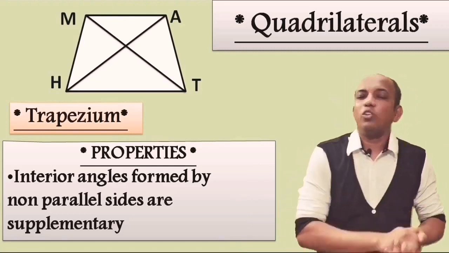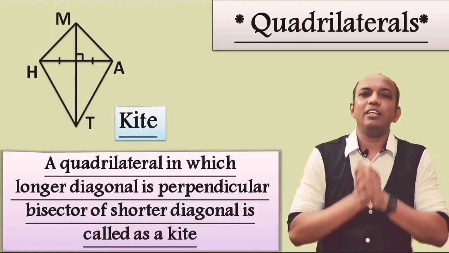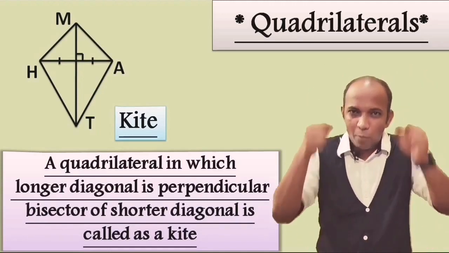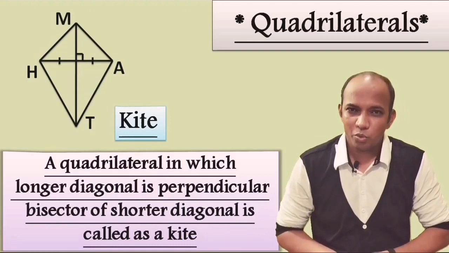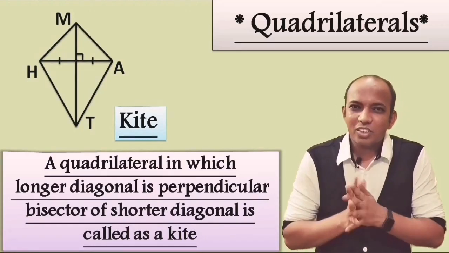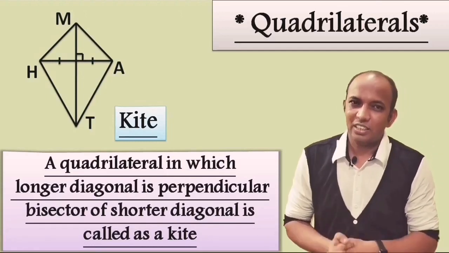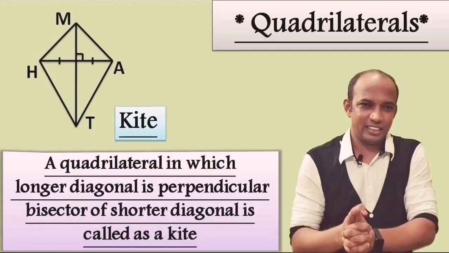The next quadrilateral on the screen is the kite. The way I explained previously, according to the common link, here in the kite no opposite sides are parallel to each other, but in the definition we are not supposed to take that into consideration. We will be defining this kite based on the diagonals.